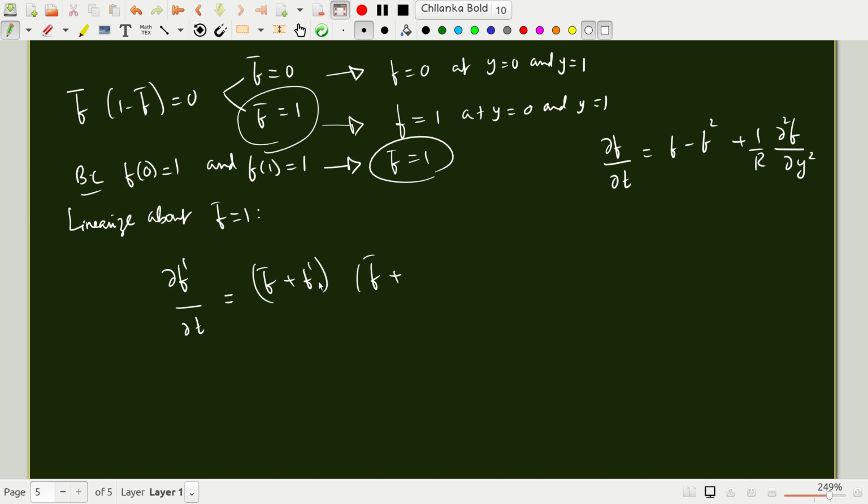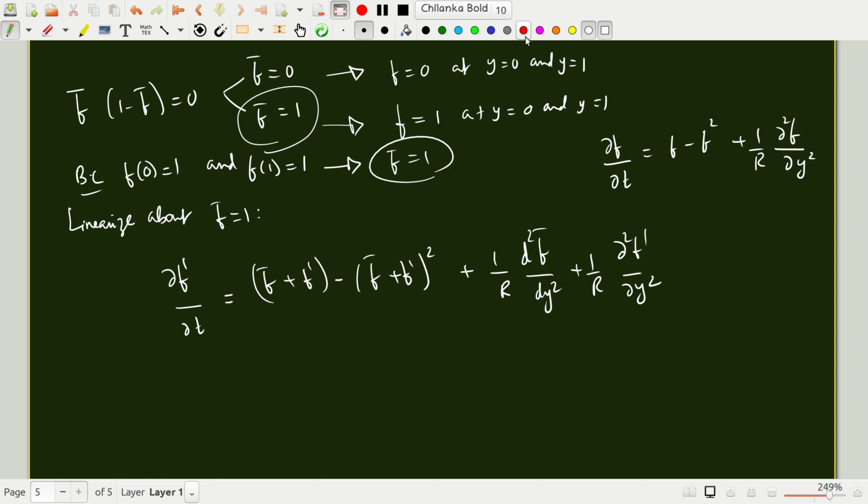Minus (f bar plus f prime) the whole squared plus 1 over r times d squared f bar by dy squared plus 1 over r partial squared f prime. Okay. Now, f bar is 1.